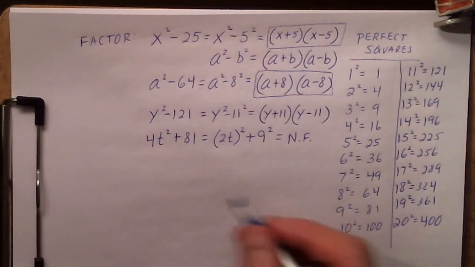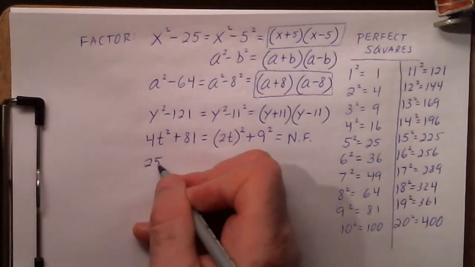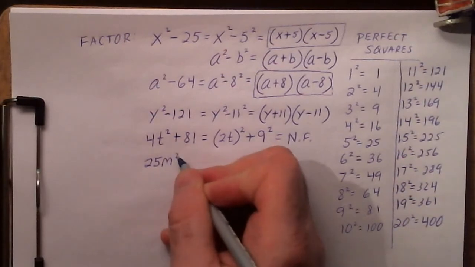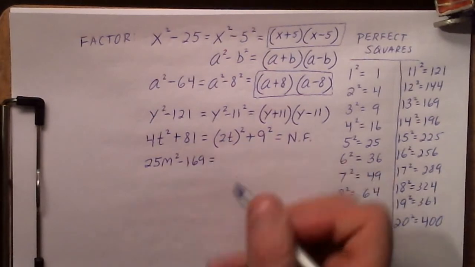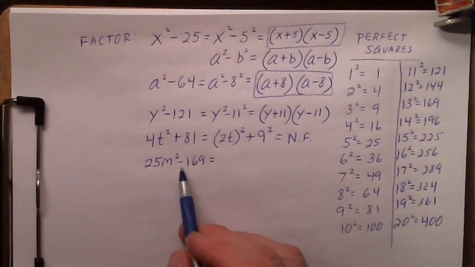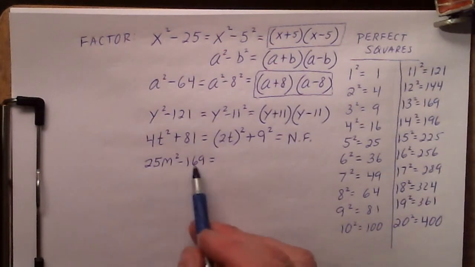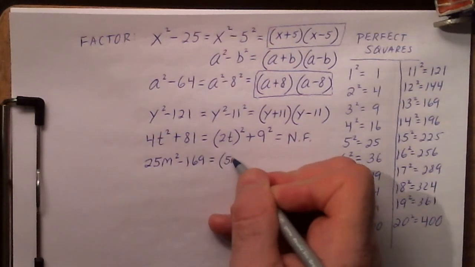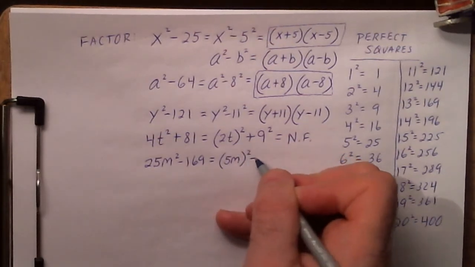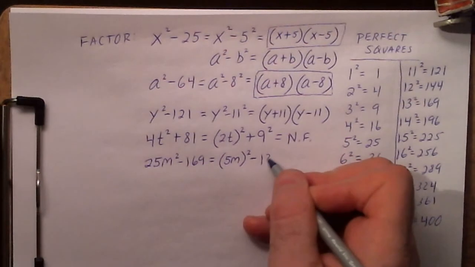All right, let's try another one. How about 25m squared minus 169? Here we have a binomial, and as it turns out, it is the difference between perfect squares. 25m squared is definitely the square of the binomial 5m. 169 is a perfect square of 13.